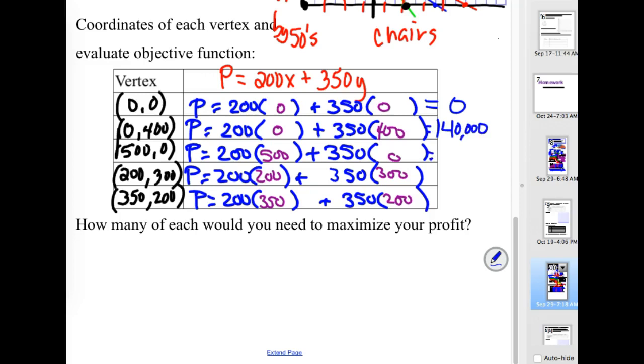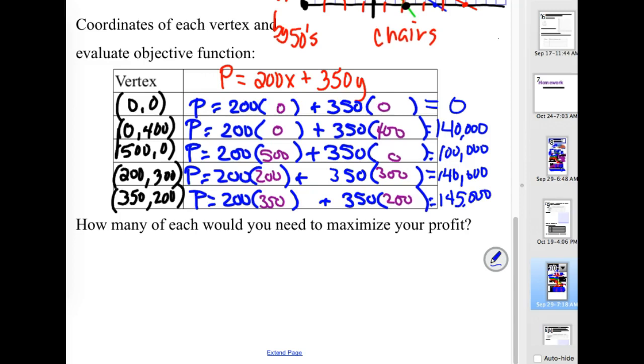How about if we made 500 chairs and no sofas? 100,000? And if we make 200 chairs and 300 sofas? 140 again? And our last combination? 145,000?